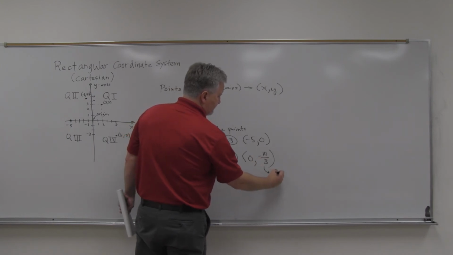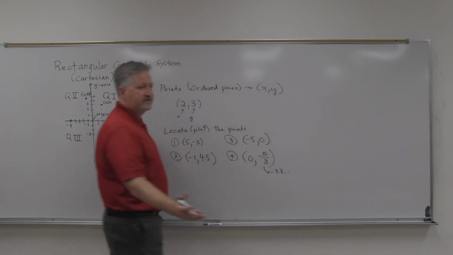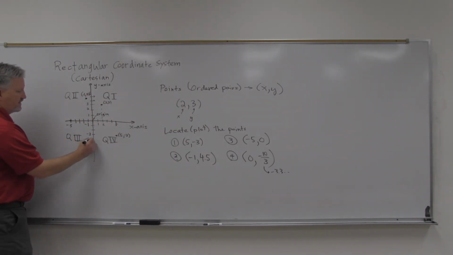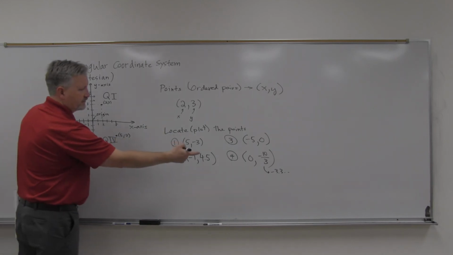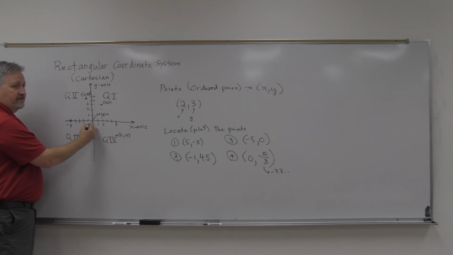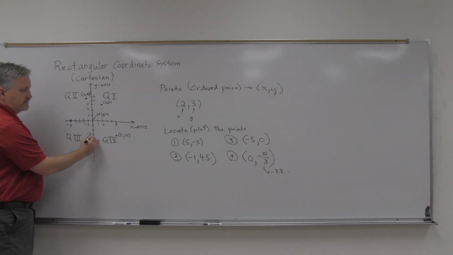If you divide that, negative 3.3 repeating, so a little past negative 3. So 0, negative 3.3, that would be on the y-axis, wouldn't it? Because x is 0, so you don't go anywhere for x. But then you go down to negative 3.3 repeating, so that's 0, negative 10/3 right there.